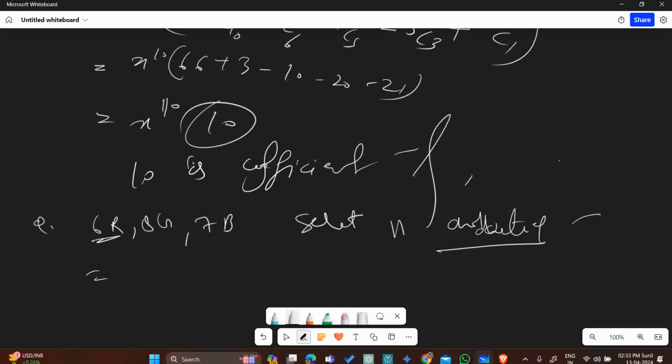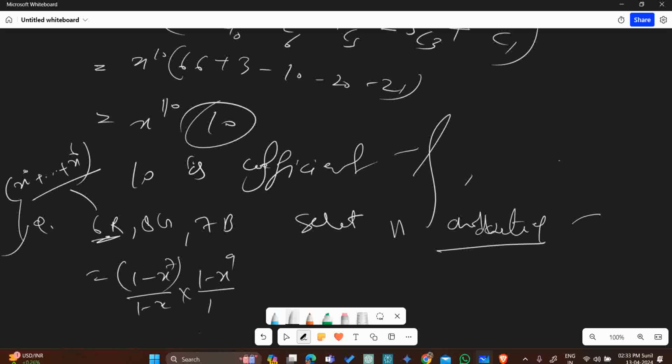So we have x^0 to x^6, like that. So from the GP, geometric progression, we can do it like this: (1 minus x^7) upon (1 minus x), into (1 minus x^9) upon (1 minus x), into (1 minus x^8) upon (1 minus x).